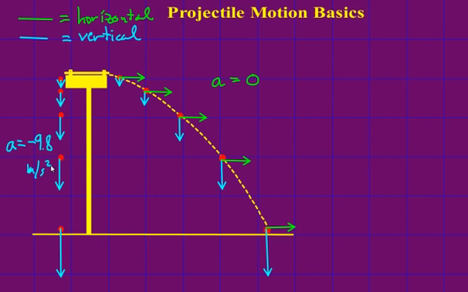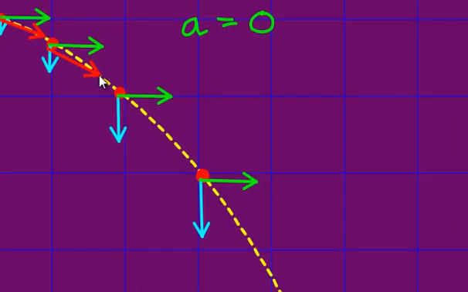Now I'm going to draw a third arrow, color-coded red, and this arrow represents the total velocity of the ball at any point in time. Now I want you to notice what's happening to the length of that red arrow. What do you notice about the length of this red arrow?